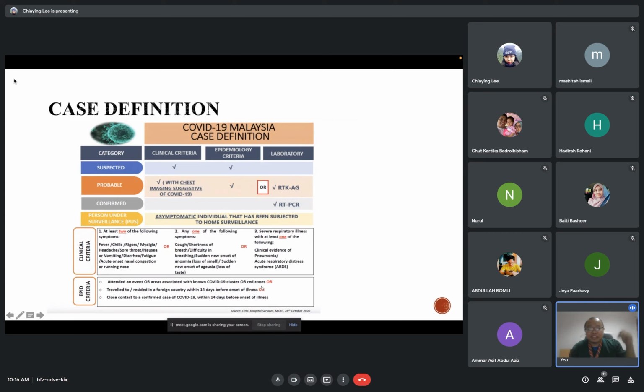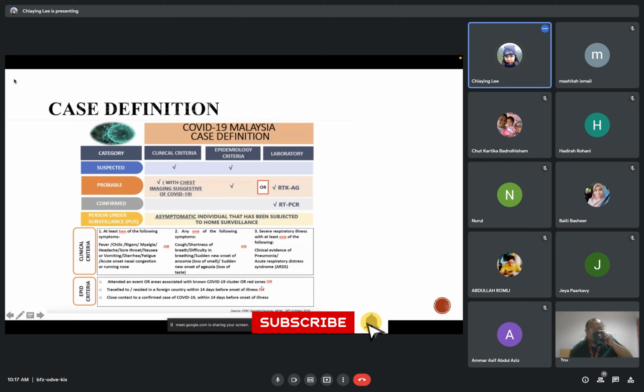You can get COVID walking around Aman Jaya and so on. So it's good to know, but don't be too fixed with this criteria, because this is a year-old criteria already. So basically nowadays anyone with any URTI symptoms or respiratory symptoms, it's COVID until proven otherwise. Okay? So carry on.